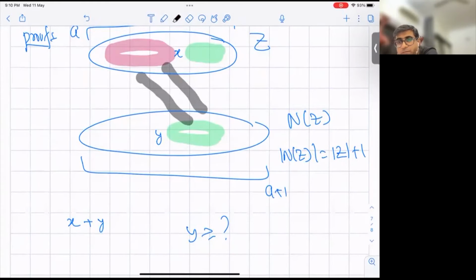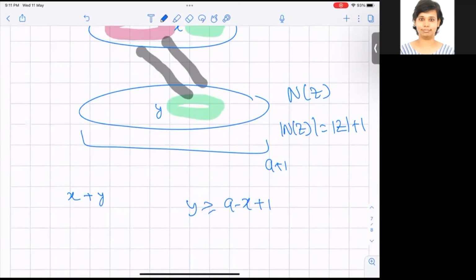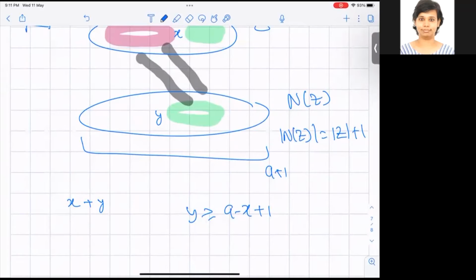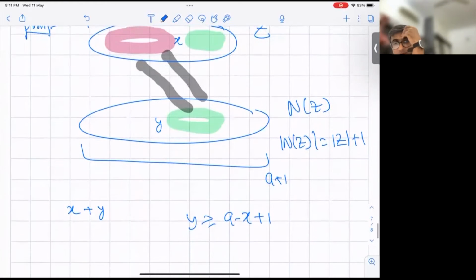The surplus of G is at least 1, right? So Y is at least A minus X plus 1, because for every independent set, it has at least one more neighbor.